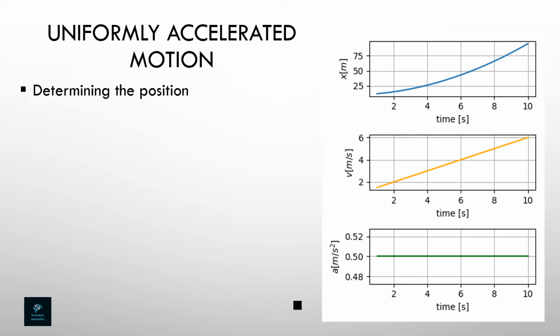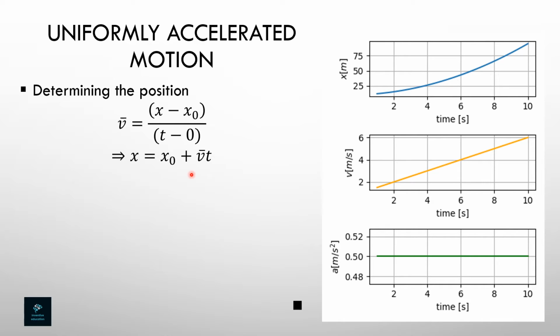Next we determine the position of the object. We know that the average velocity of the object is the displacement divided by the time interval. The displacement is x minus x0 and the time interval is t minus 0. This gives the instantaneous position of the object as x equals x0 plus average velocity times t.